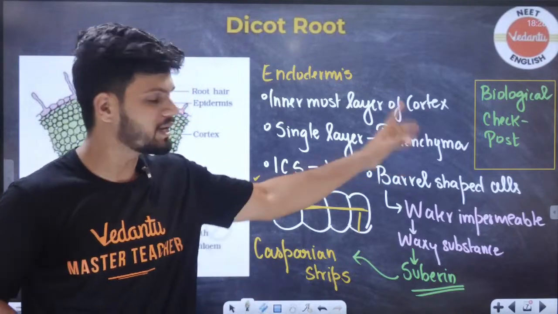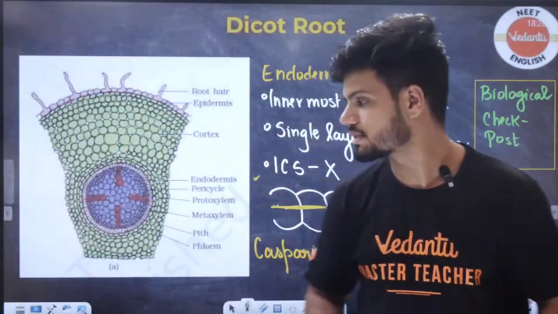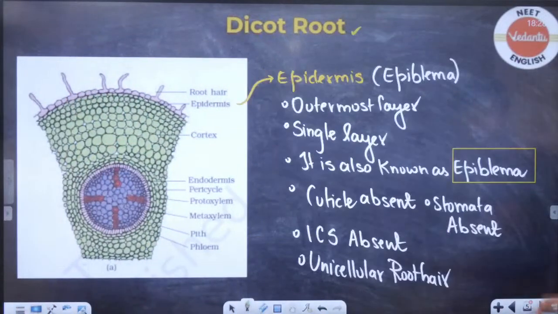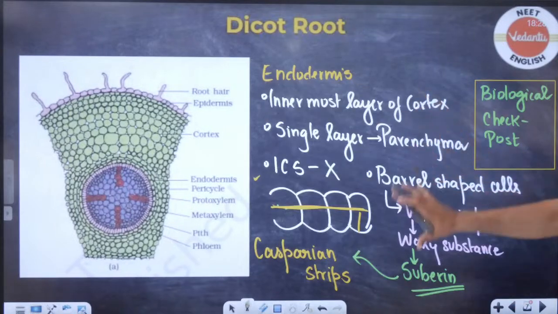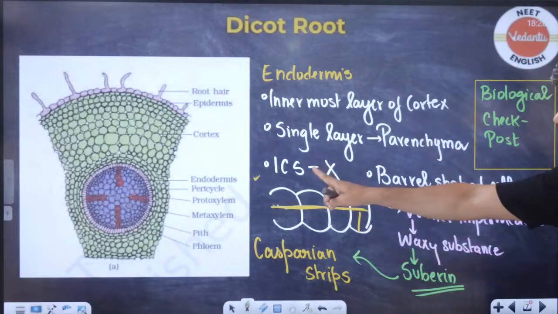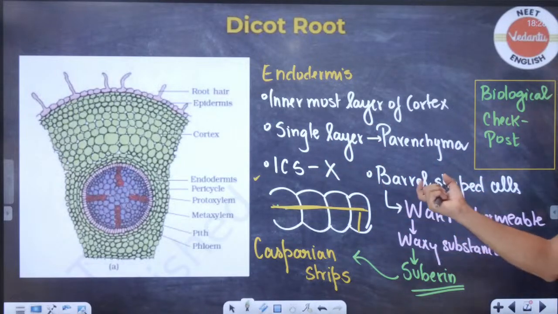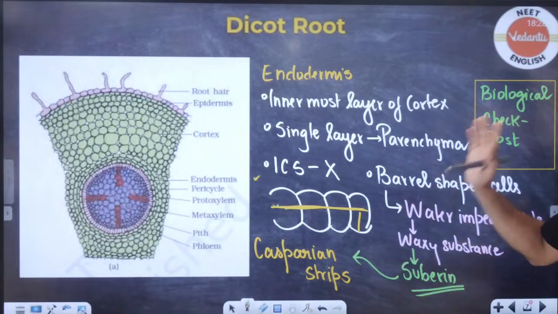That is your endodermis. So we learned about your epidermis, cortex, and the endodermis. Innermost layer, single layer made up of parenchyma. Intercellular space is completely absent. Barrel shaped cells are present here, and they have suberin depositions in the form of Casparian strips.